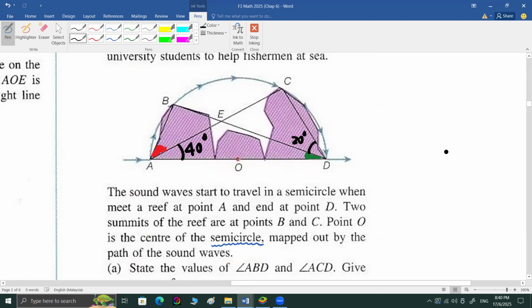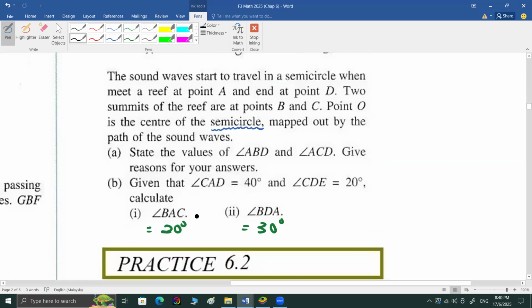Okay, so you're asked to find BAC. Can you see the butterfly? Butterfly here 20, right? Okay, we got 120 already. So means that the first one, BAC, I got 20, first part. First part, BAC 20. Okay, good.